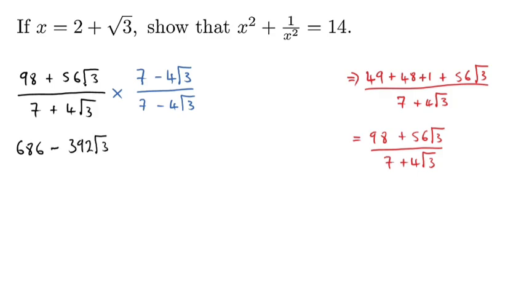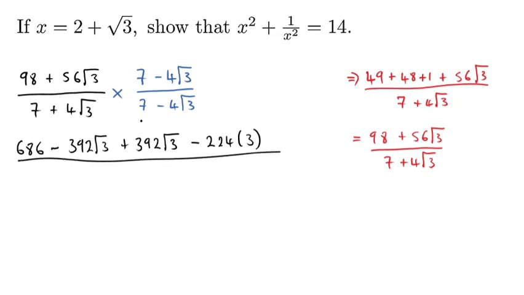Then 56 root 3 times 7, that gives us positive 392 root 3. Then 56 root 3 times 4 root 3. So that's just 56 times 4, giving us negative 224. The root 3 times the root 3 is simply 3.